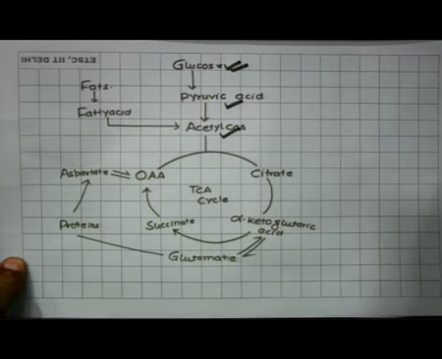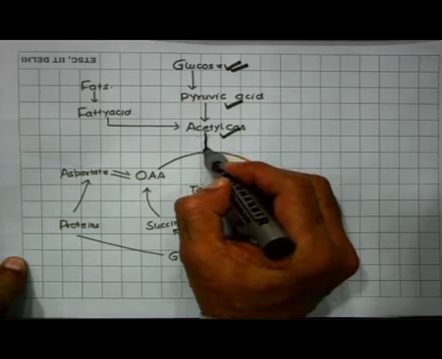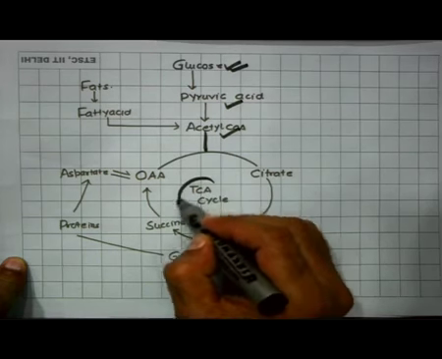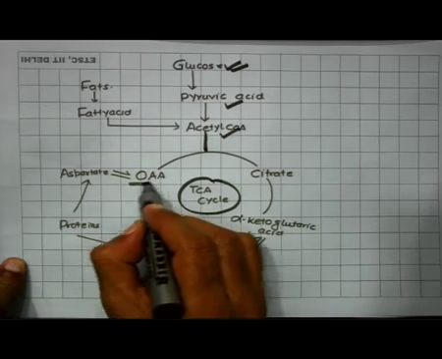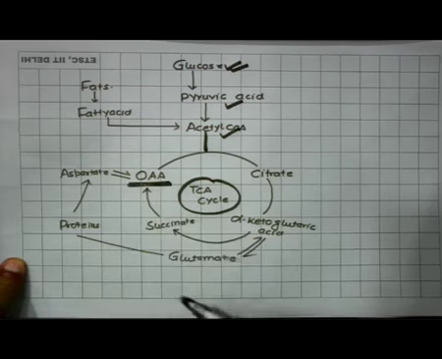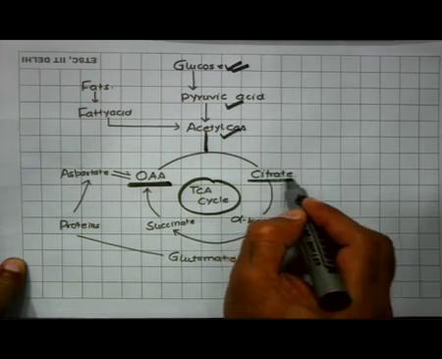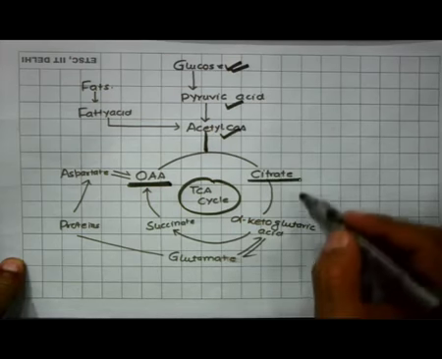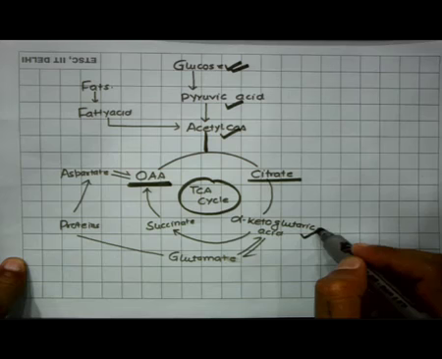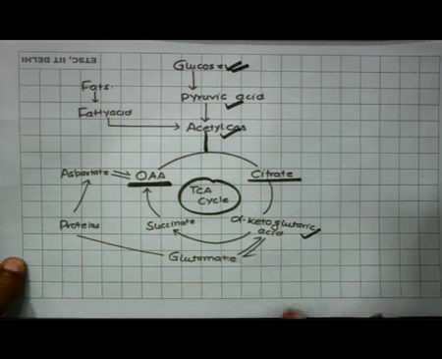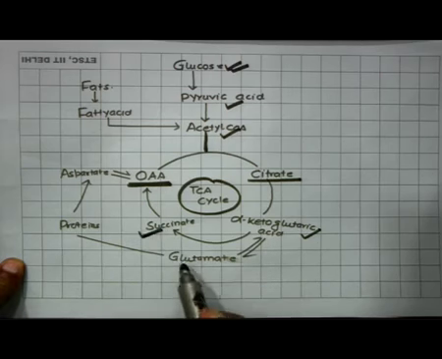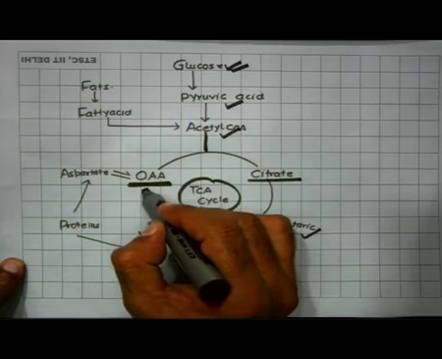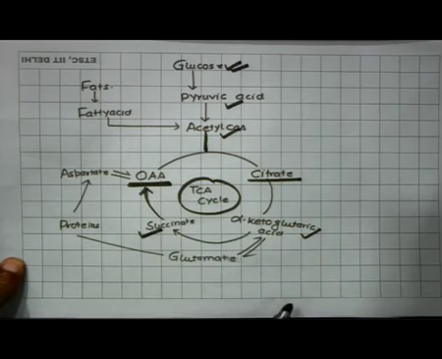This acetyl coenzyme enters into the tricarboxylic acid cycle, that is the Krebs cycle, where it is accepted by oxaloacetic acid and converted into citrate. This citrate is again converted into alpha ketoglutaric acid, which we have already discussed in detail. Now, this alpha ketoglutaric acid forms succinate, and this succinate again returns back to the oxaloacetic acid.